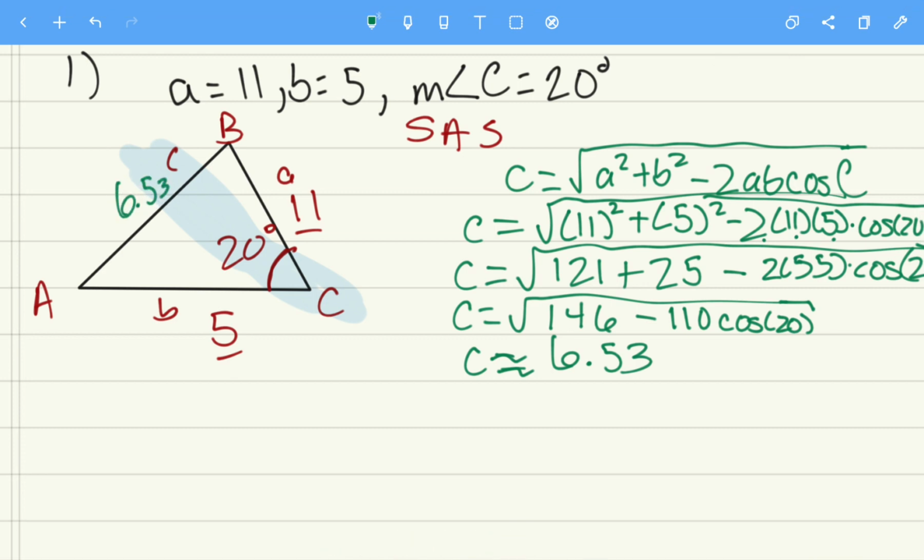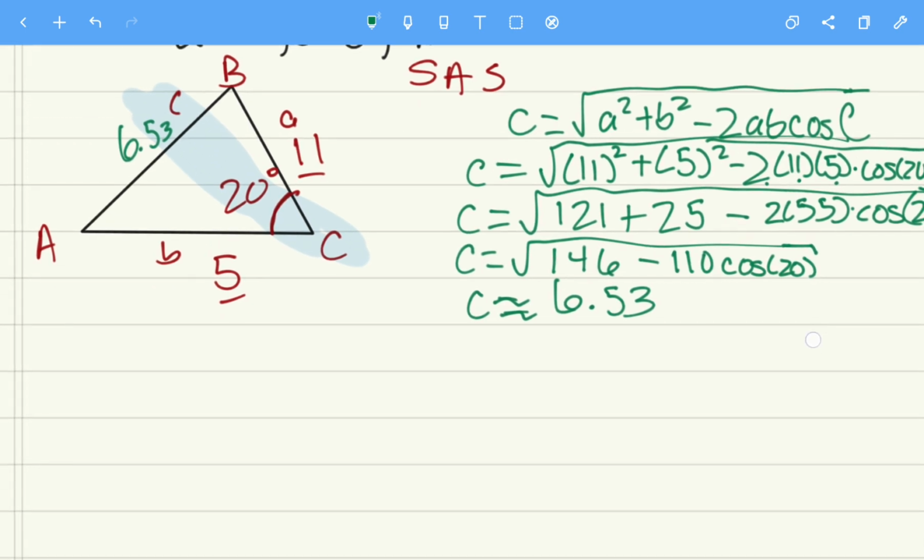At this point, you're going to want to use the law of sines to find your remaining angles.